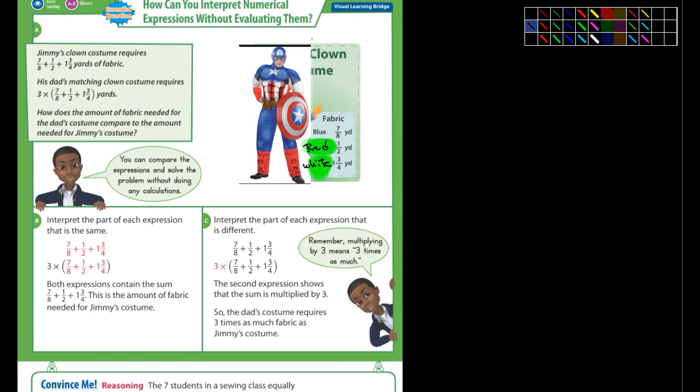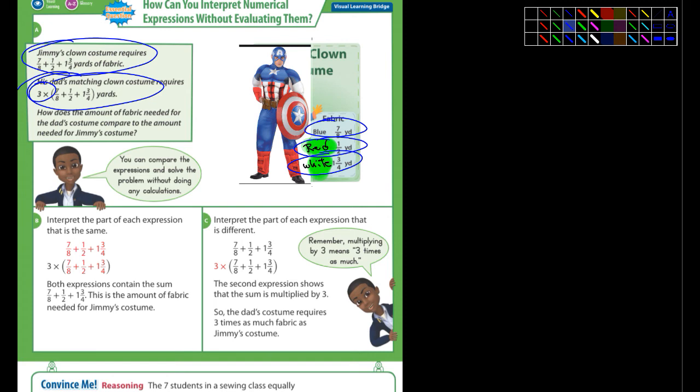But anyway, so here's Captain America, and the blue fabric is 7/8 of a yard. The red fabric is a half a yard, and the white fabric is 1 3/4 yards. And then as you read further down here, they have it up here. That's the boy's costume. His dad's costume is the same, except it's being multiplied by 3.